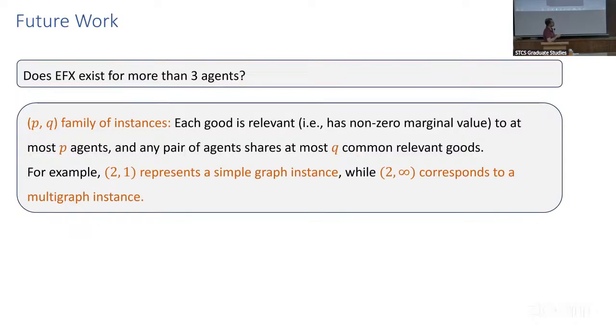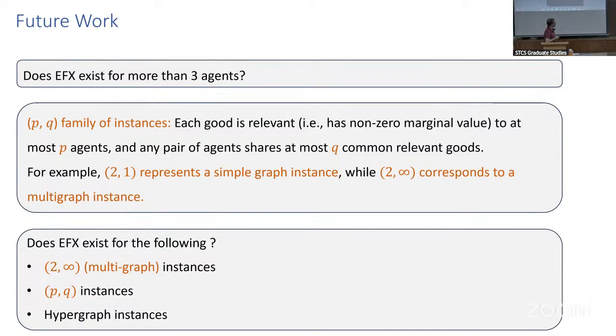The 2 comma infinity instance is a multigraph instance that we try to solve. So the question we want to ask is: does EFX exist for 2 comma infinity instances, that is multigraph instances, or in general P comma Q instances, or hypergraph instances?